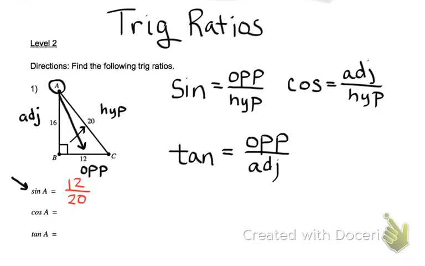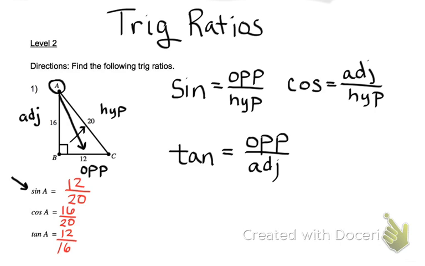My adjacent side is 16, which I already have labeled, and my hypotenuse is 20. So 16 over 20. Last one is tangent. Tangent is opposite over adjacent, so my opposite side is 12, and my adjacent side is 16.